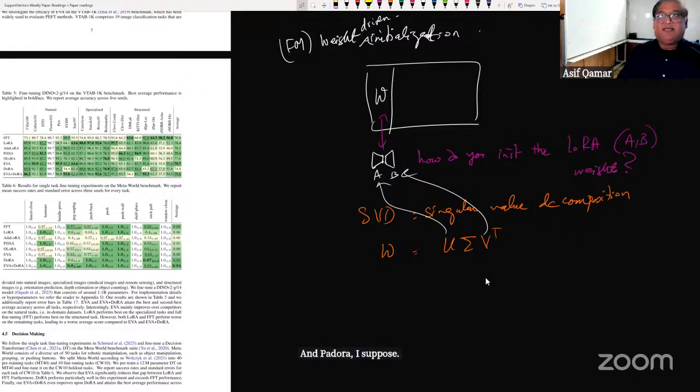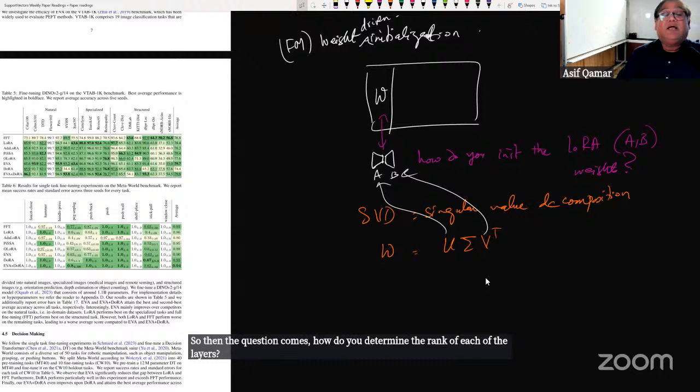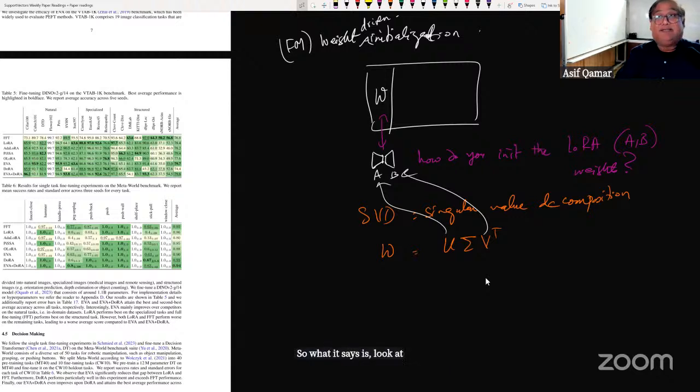What it says is that let the rank of each of the layers be different. So then the question comes, how do you determine the rank of each of the layers? What it says is, look at how important the layer is to the fine-tuning process, how much it captures that. And how can you do that? That is easy.